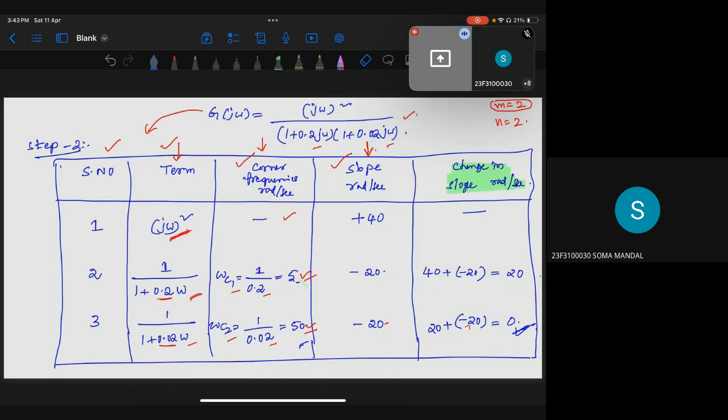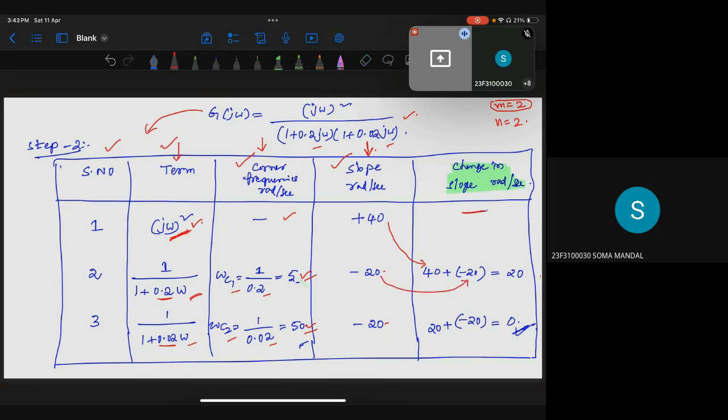You should understand this clearly. First, this is 2 zeros. Before that, we don't know what we have, so we don't calculate the slope change at that first point. Then at the second point, we add a slope of -20 to the existing slope. The existing is +40, and we add -20.